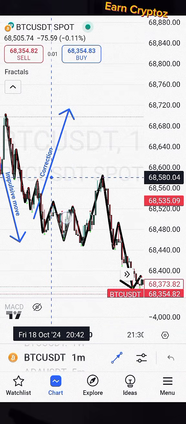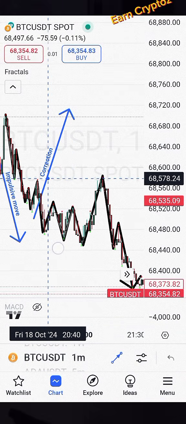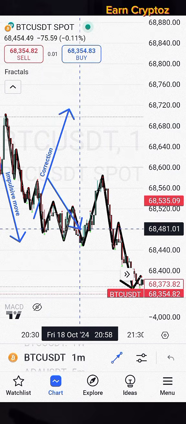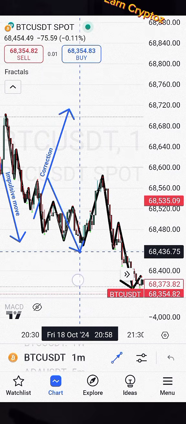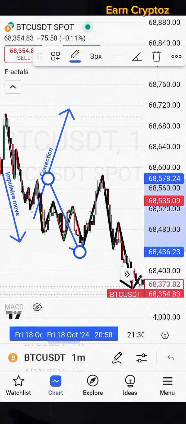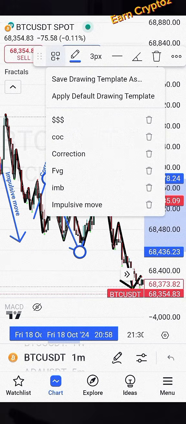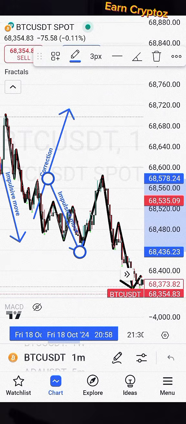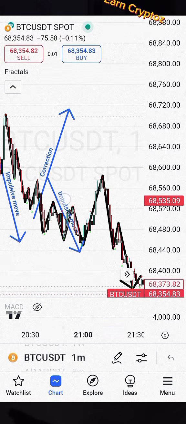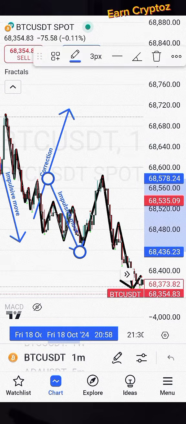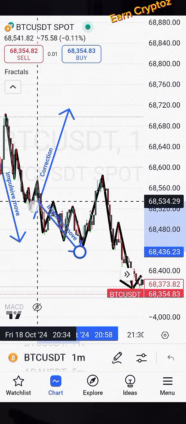Then after the correction, we had another impulsive move to the downside. This time around, lower than the first impulsive move. Right there. Can you see?